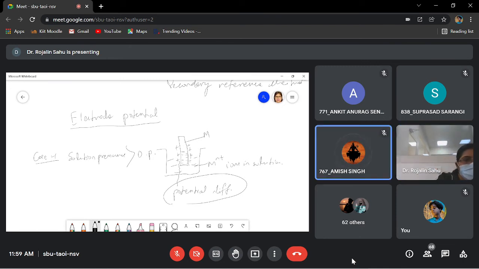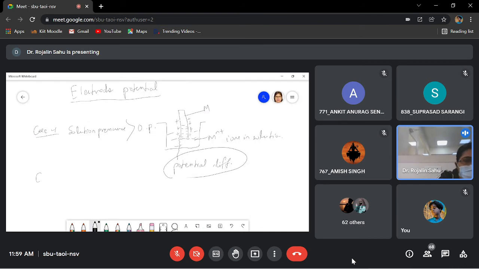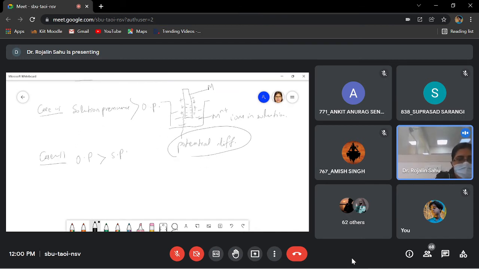Yes, ma'am. And in the second case, when osmotic pressure is higher than the solution pressure, in this case the metal ions preferentially get reduced. So here it will be positive charge on the metal and negative charge in the solution.